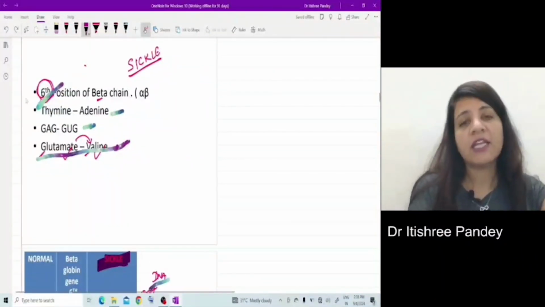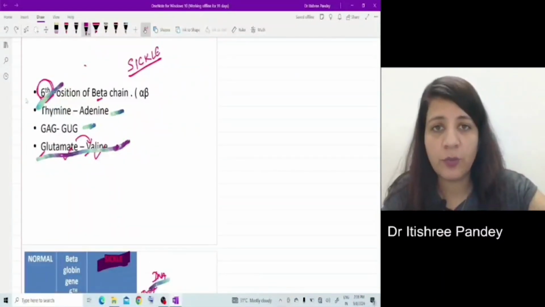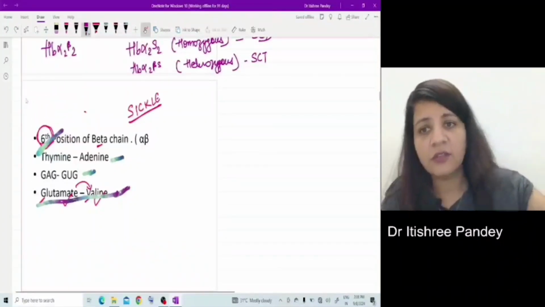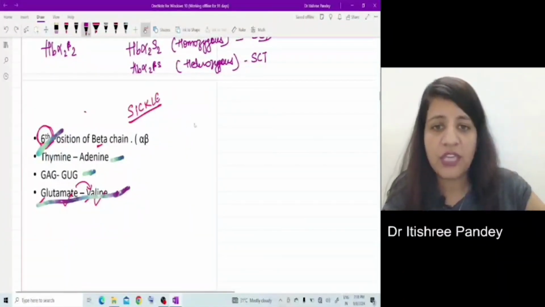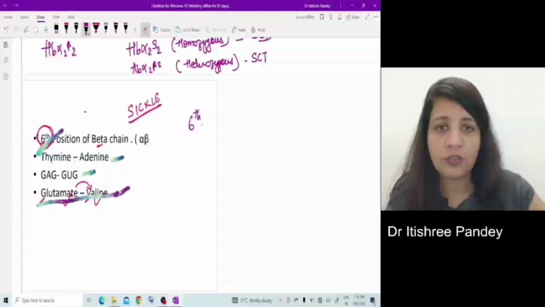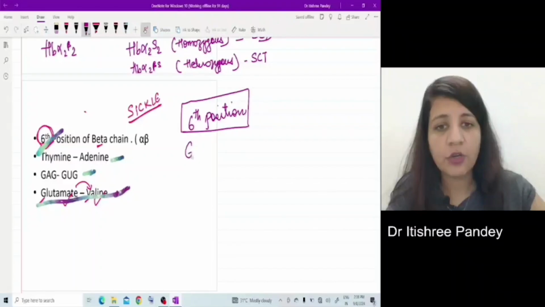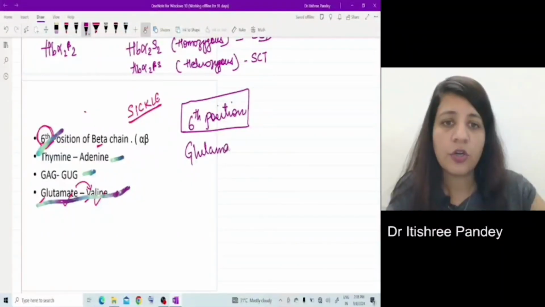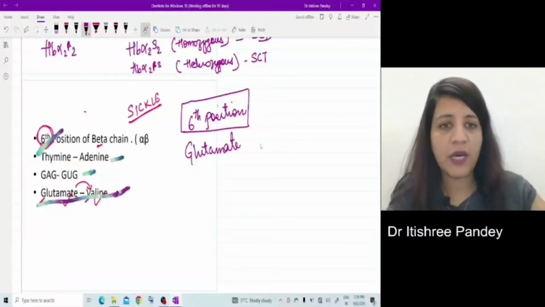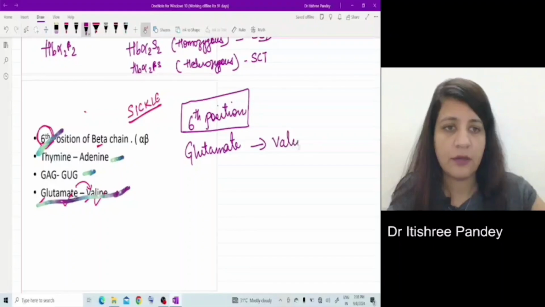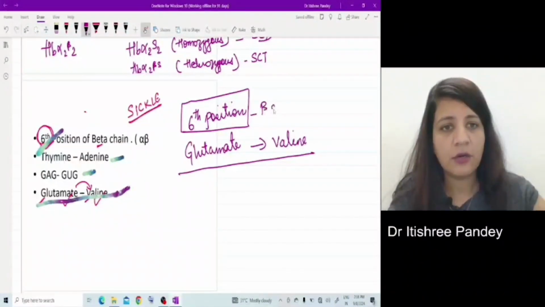Now, where exactly does the mutation take place in the beta globin chain? Basically the mutation takes place at the 6th position of the beta globin chain, where glutamate, I repeat, glutamate is replaced by valine.